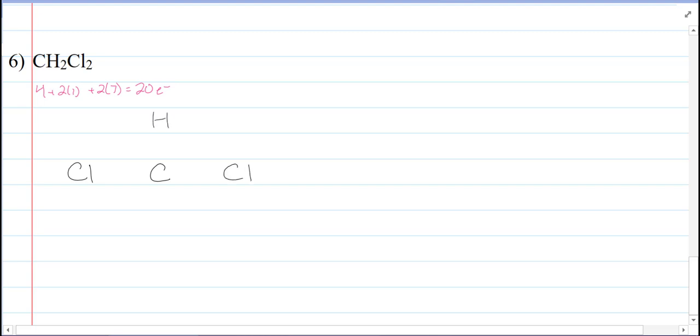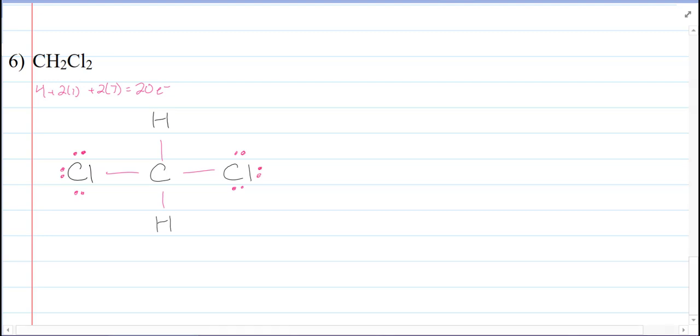Number 6. Electron count. 4 plus 2 times 1 plus 2 times 7. So it's 14, and 6 would be 20 electrons. Who's in the middle? Carbon. Let's put the Cls on opposite sides, H's on top and the bottom, and bond. 2, 4, 6, 8, 10, 12, 14, 16, 18, 20.